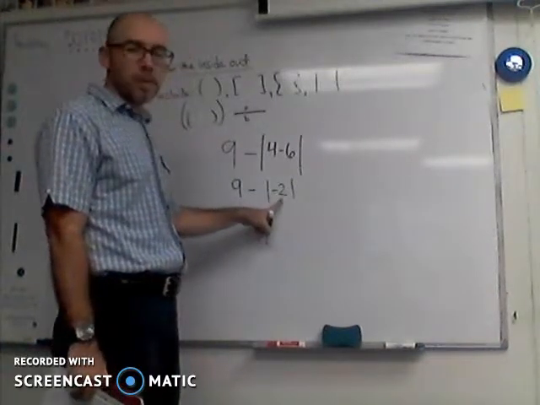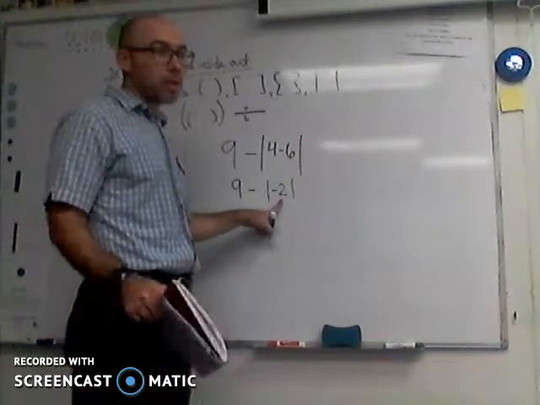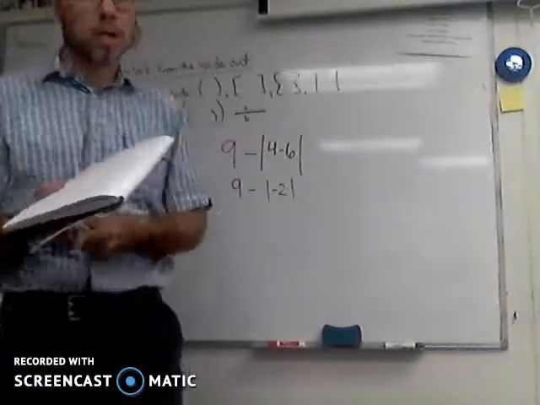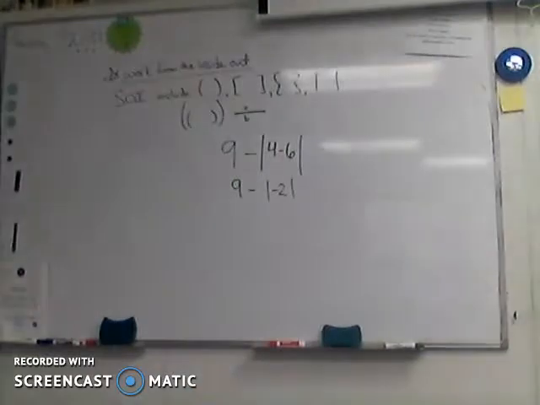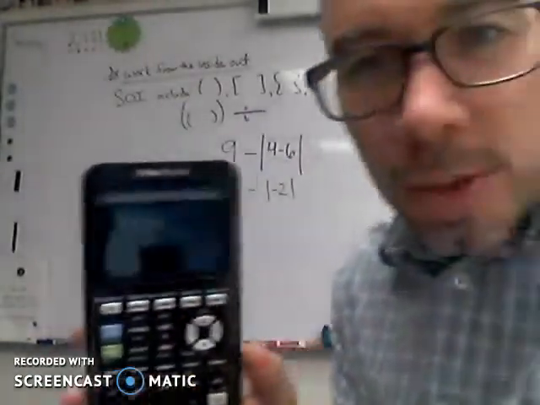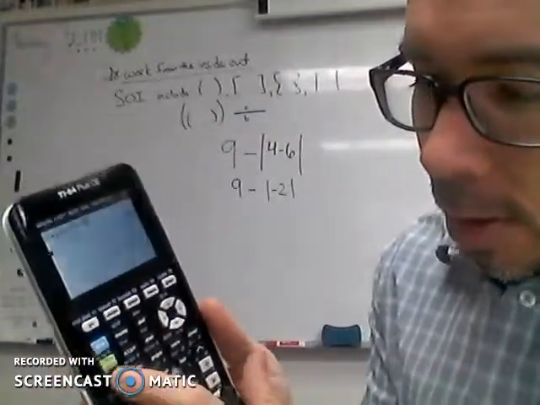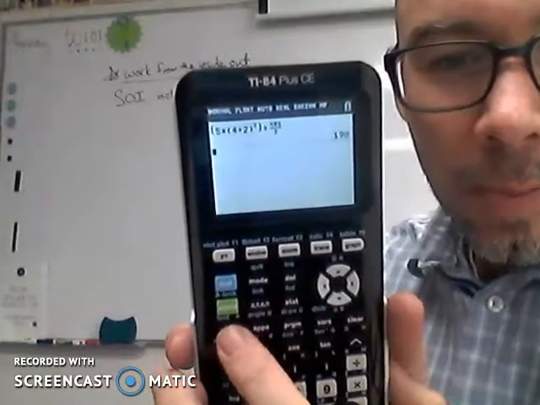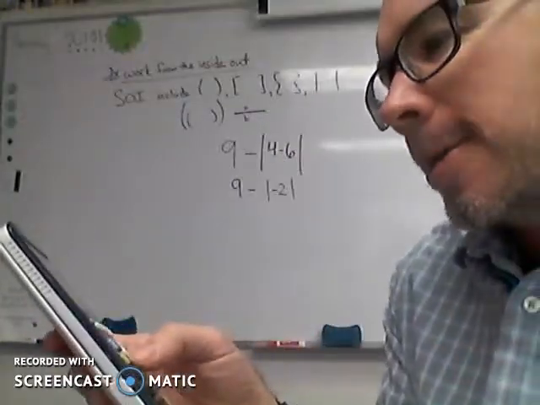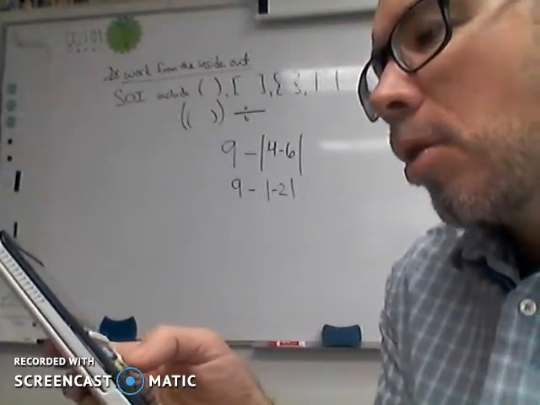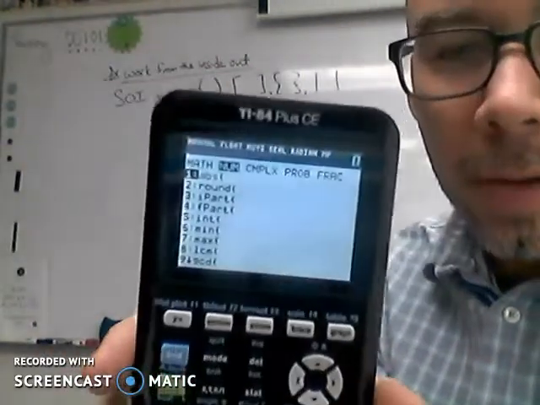In this case, the symbols of inclusion tell you what to do next. These are the absolute value symbols. Your calculators do have an absolute value function. You can find it if you go to the math button and go over to number, the first category.